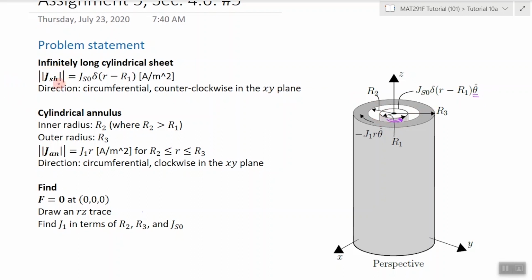The magnitude of the current flux density is given by J(S0), some constant, times delta of R minus R1, where R1 is the radius of this sheet, and it's measured in amps per meter squared. So this is the current flux density, and it's the one shown here.